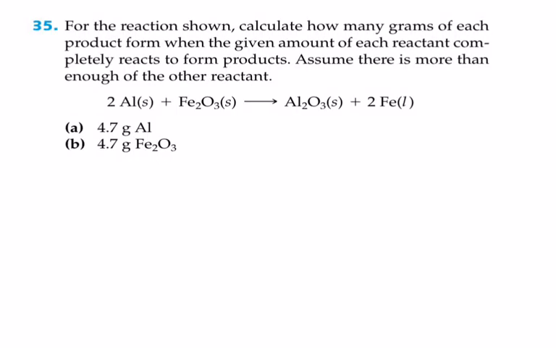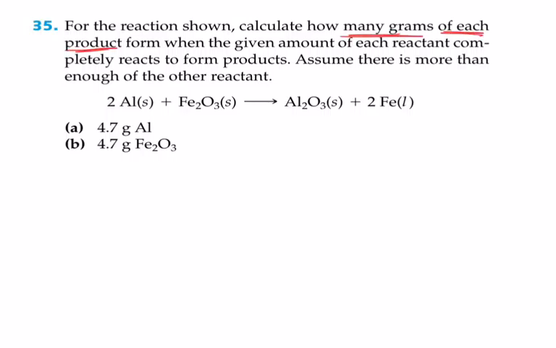Looks like this one. Okay, so it's going to really look familiar to the problems you just did. What I would suggest is when you work these, I would rewrite the balanced chemical equation. You've got all weekend. I think it helps clarify. And then, show how many grams of each product.